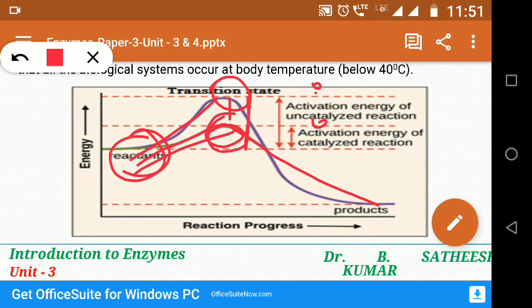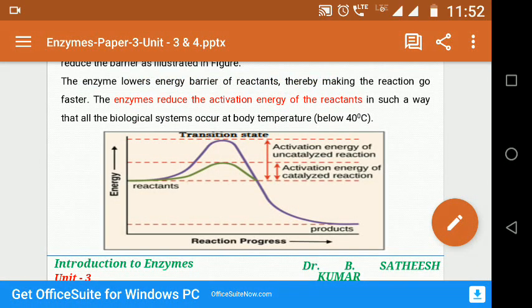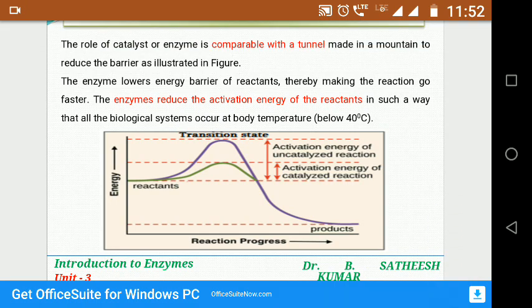So the enzymes are the molecules which reduce the activation energy in order to proceed the reaction faster. This is how enzymes require very mild conditions to carry out a reaction which requires extreme conditions in the absence of enzyme or any catalyst.